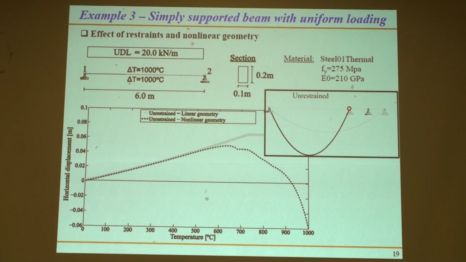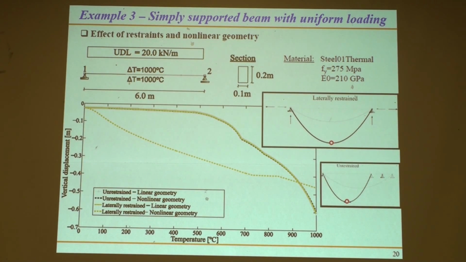But due to the nonlinear geometry, at a certain point, you actually start coming down, and this point actually switches over to the left even as you're applying your thermal elongation. And this has to do with the nonlinear geometry, and also because of the nonlinear material that you're using. But this is mainly the effect of the nonlinear geometry.